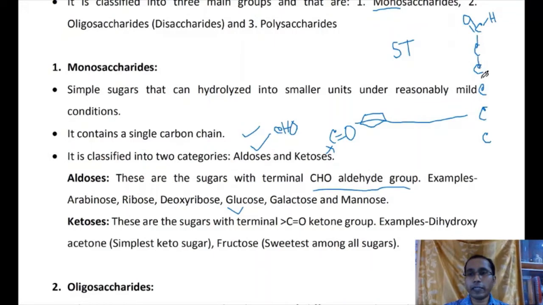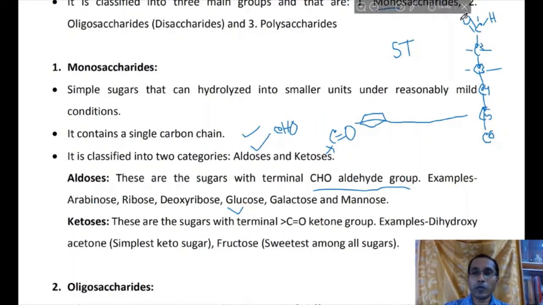These are interconnected to each other. This is carbon atom number 1, number 2, number 3, number 4, number 5 and number 6. The drawing is very difficult here, but still you have to remember it this way. There is no other way, so you can easily remember after seeing my drawing.